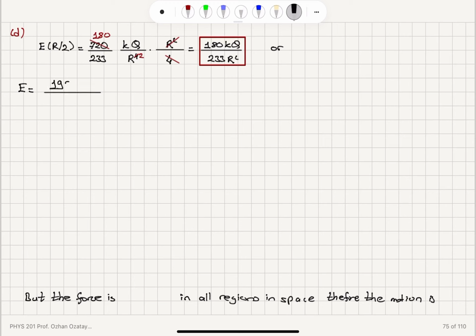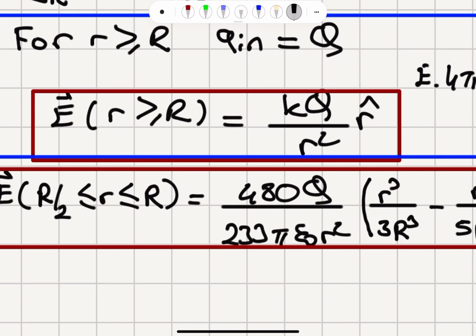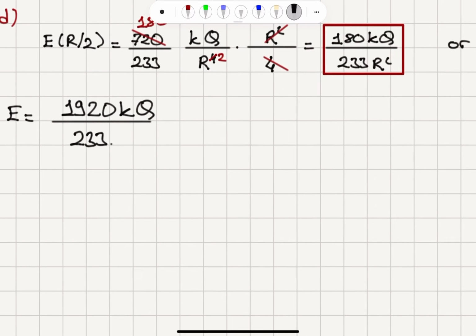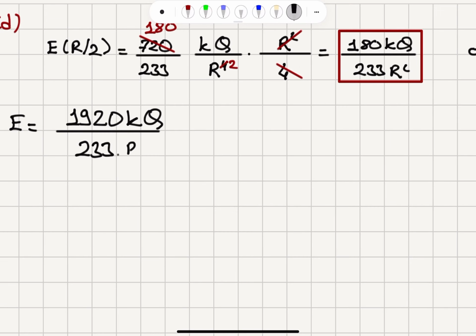All right, so let's use this electric field magnitude: E is equal to 1920 kQ, where k is 1 over 4 pi epsilon 0, over 233 times, now I have R squared at the bottom, so that will be capital R squared over 4, to the fourth power.